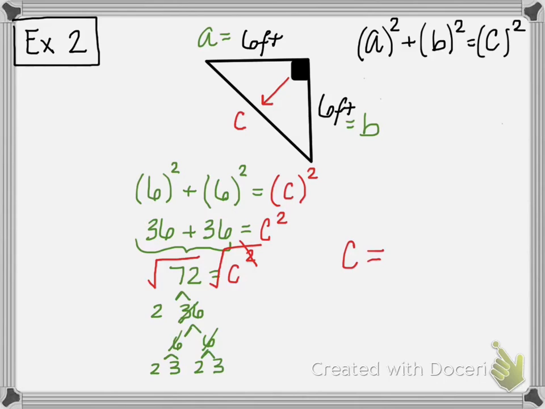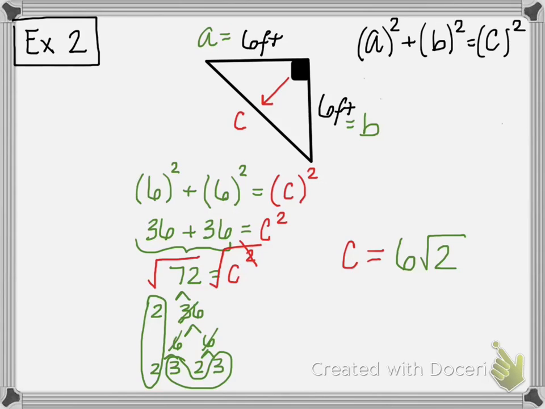So I have some pairs here. I have a pair of 2's, and I have a pair of 3's. So remember, pairs go outside of the radical and they get multiplied together. So 2 times 3 gives me 6 on the outside. And then radical, the number that's left over here, that's all alone, is the number 2.